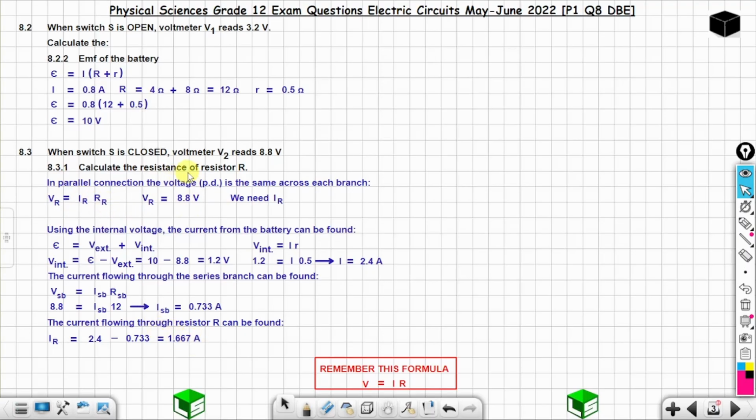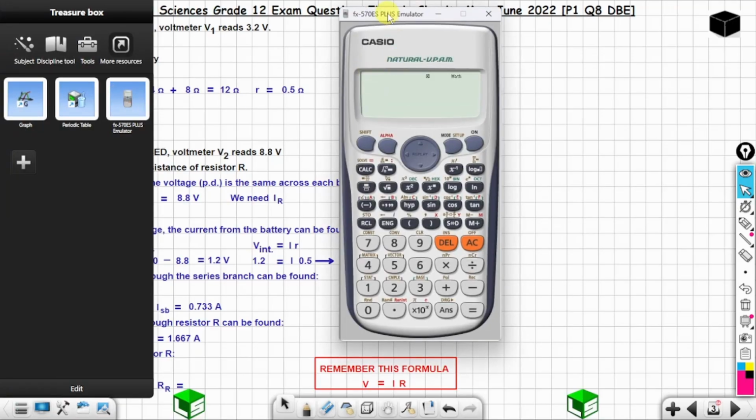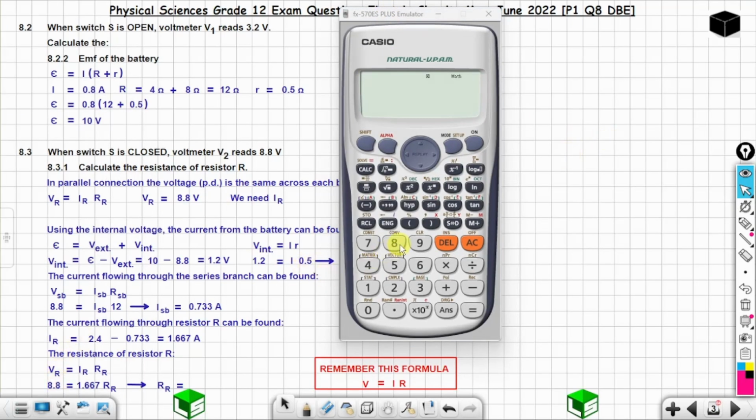So the voltage is 8.8, which is equal to the current 1.667 times the resistance of resistor R. So the resistance of resistor R is equal to, you are going to divide by 1.667 on both sides, so 8.8 divided by 1.667.